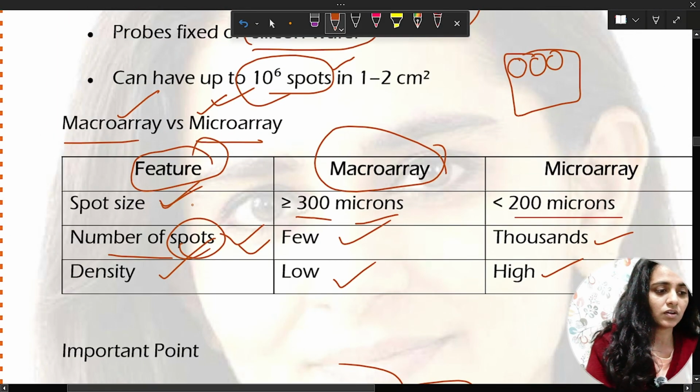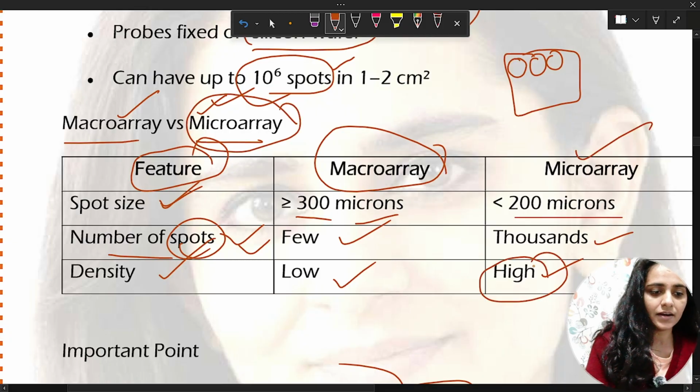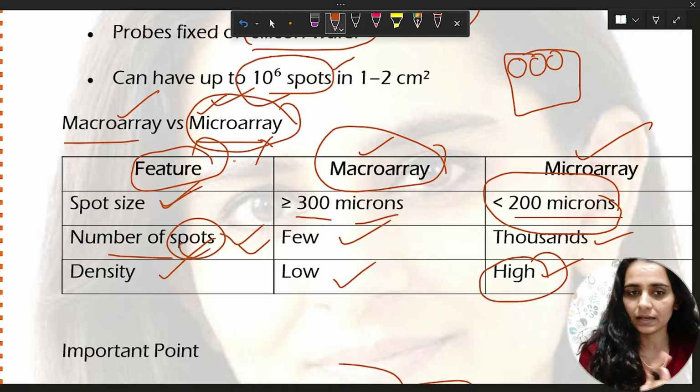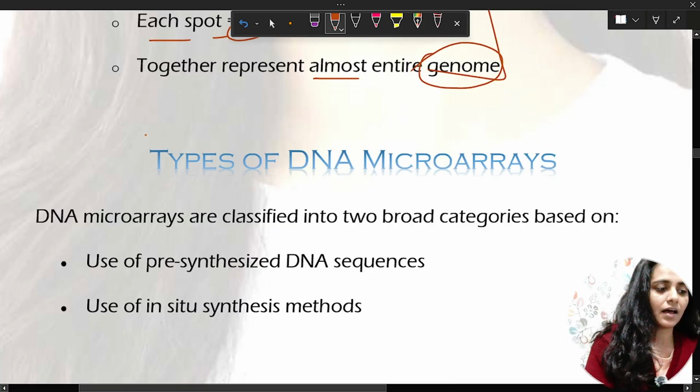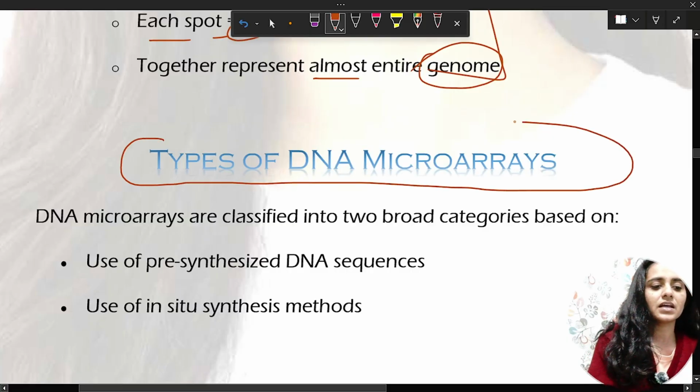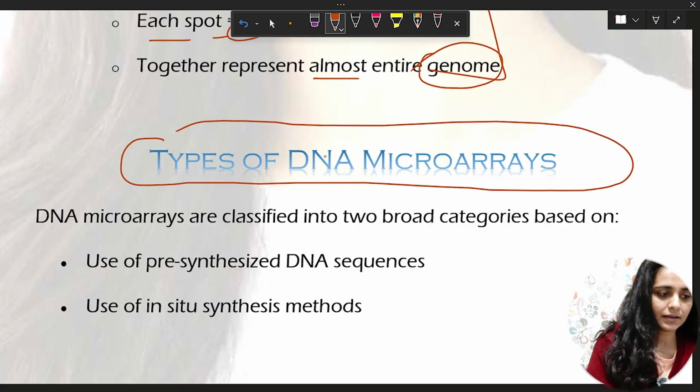If we are using high density with this spot size, then it will not be named a macroarray. Remember that.